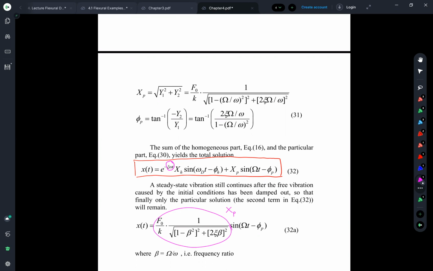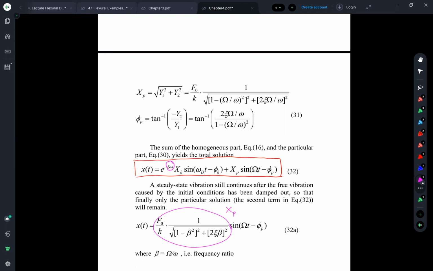But the second term keeps steady. It doesn't decay with time, but it doesn't increase with time either. It's just steady. It just goes back and forth, back and forth with the same amplitude like that, forever. Remember, the Xp is a constant. And the sine term just returns plus and minus 1, plus minus 1, like that with time.